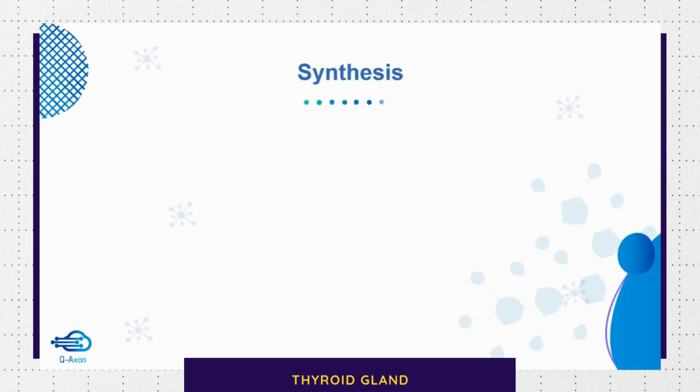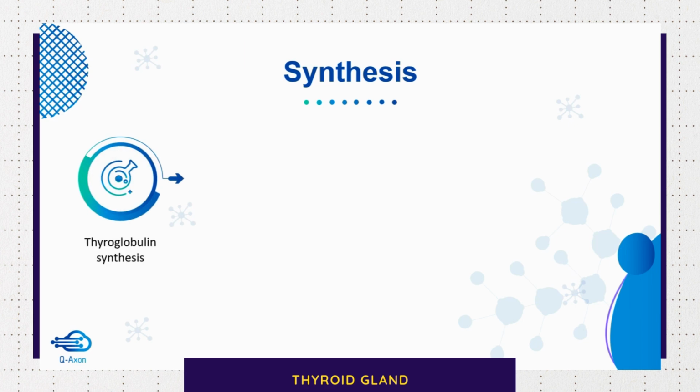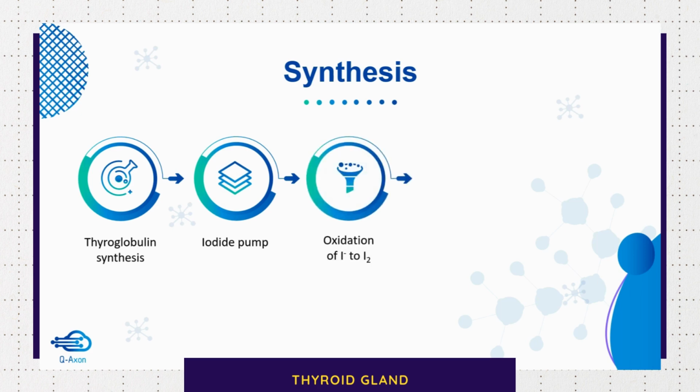Now let's see the different steps involved in the synthesis of thyroid hormone. First step is the formation of thyroglobulin. It is synthesized from tyrosine in the thyroid follicular cells. Next step is the iodide pump, which pumps iodide into the cell.